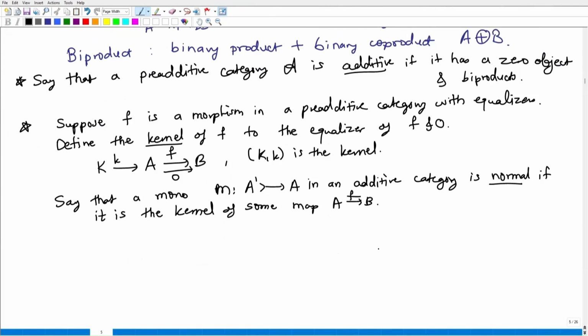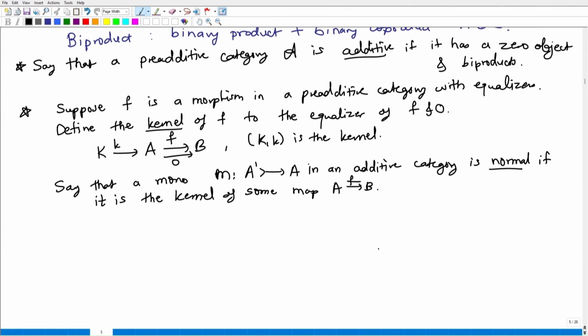Maybe I should say one more property. The equalizer of a parallel pair f and g is the kernel of f minus g.